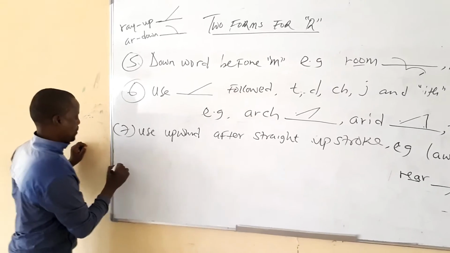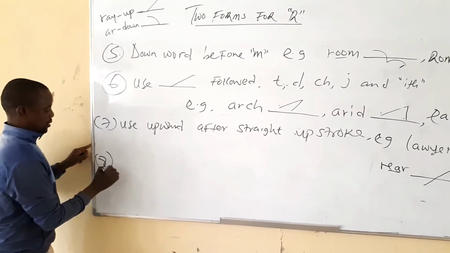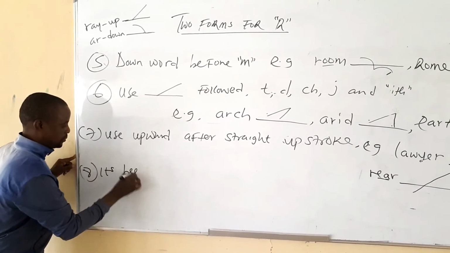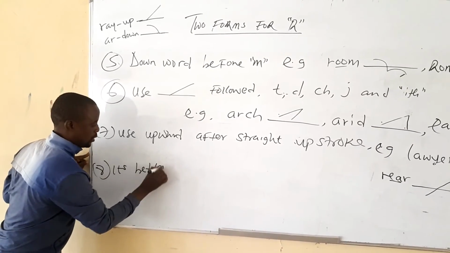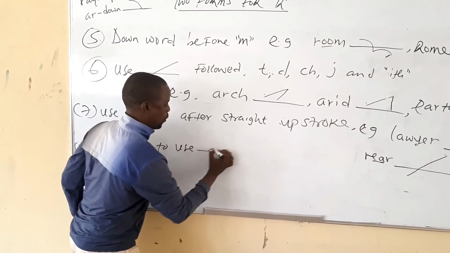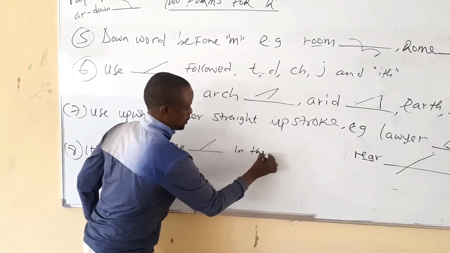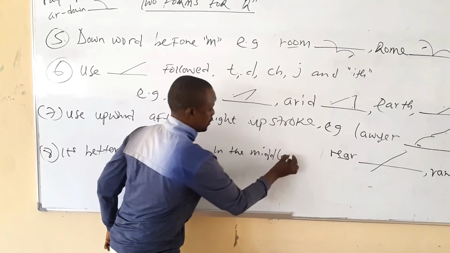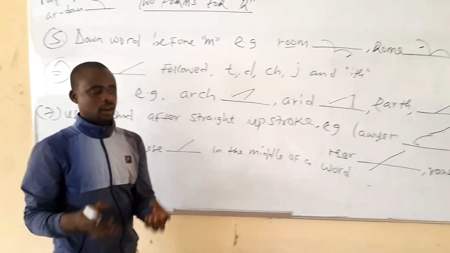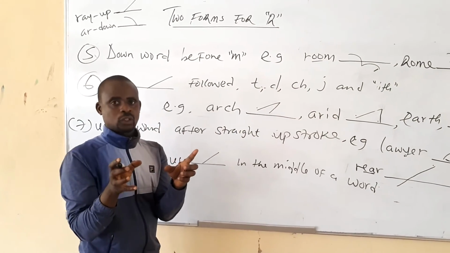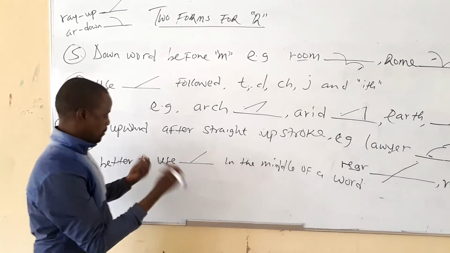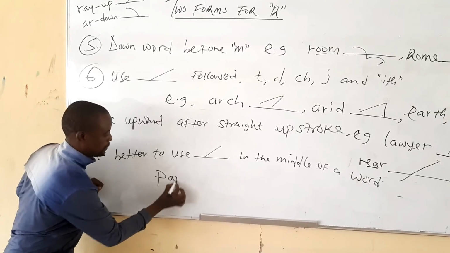Then another one is number 8. Number 8 of the principles of R, we say it is better to use downward R in the middle of a word. So when you have R in the middle of a word, you are going to use downward R. For example, we say forty.